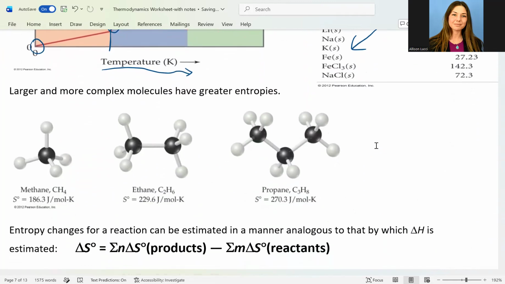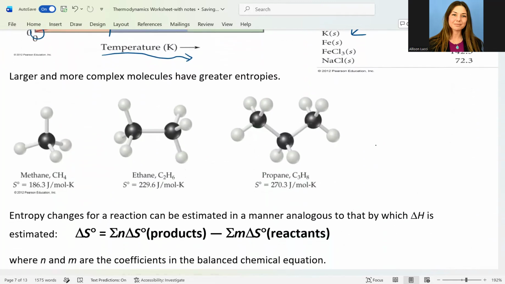Let's take a look at some values for some molecules. The more complex the molecule is, the greater its entropy. Methane, the simplest of the three structures, has an entropy of 186.3 joules per mole Kelvin. We can see just 4 bonds here.